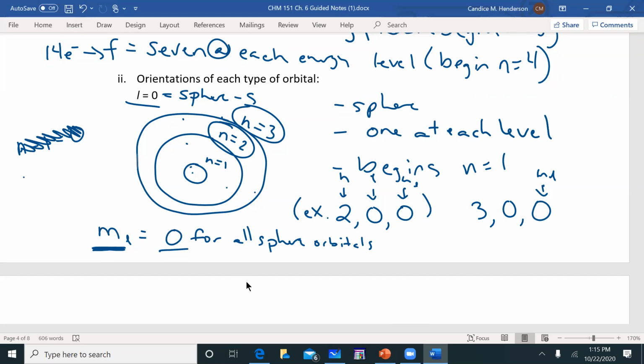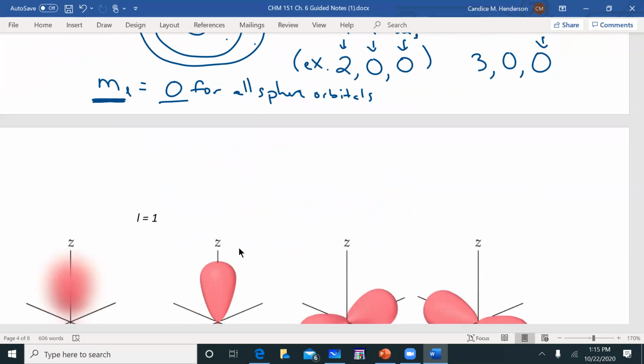Let's do the P and see if it makes a little bit more sense, because our ML value is going to change a little bit. In this case, we have a figure 8. We have 3 orientations, and it begins at level 2.